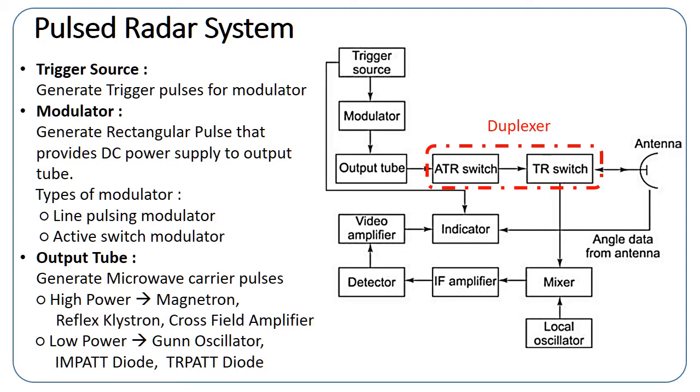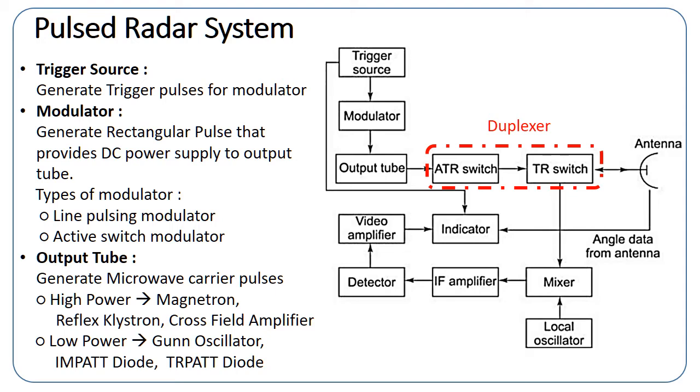Advantages of line modulator are that they are very simple, compact, reliable and efficient. However, line pulsing modulators provide fixed pulse length pulses. So in case variable pulse length is required, line pulsing modulator cannot be used.